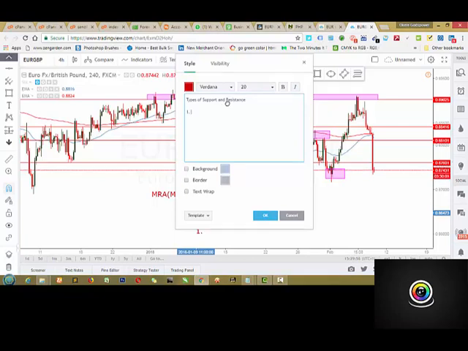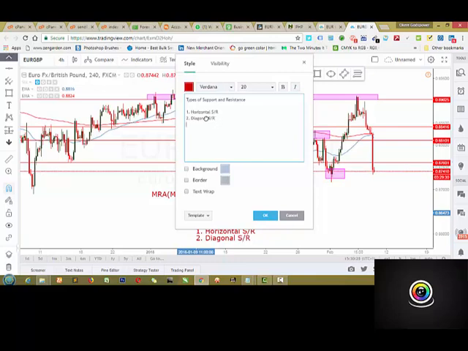The first one is called horizontal support and resistance, horizontal S and R. Number two is called diagonal support and resistance.